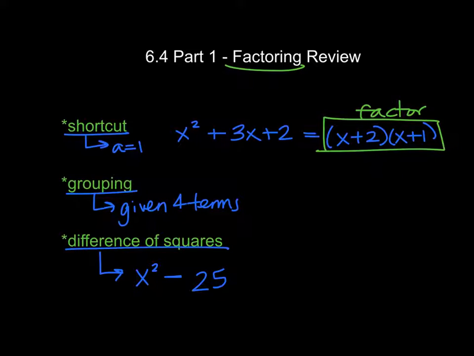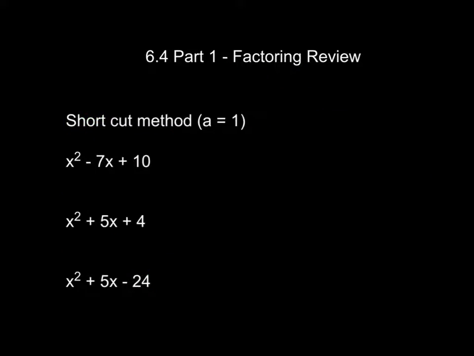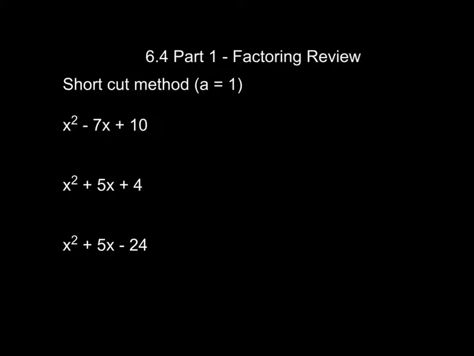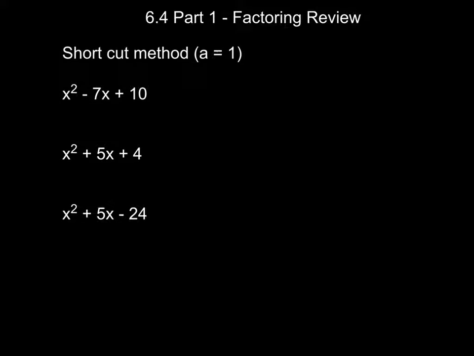So let's take a second to look at our shortcut method. So here's shortcut. Remember, it's called shortcut because we have a equals 1. So what we want to do is take a second to think about what each of these is going to factor to and how do we even factor that. So this very first example here, I'll just call this example A. Our goal is to pick 2 numbers.